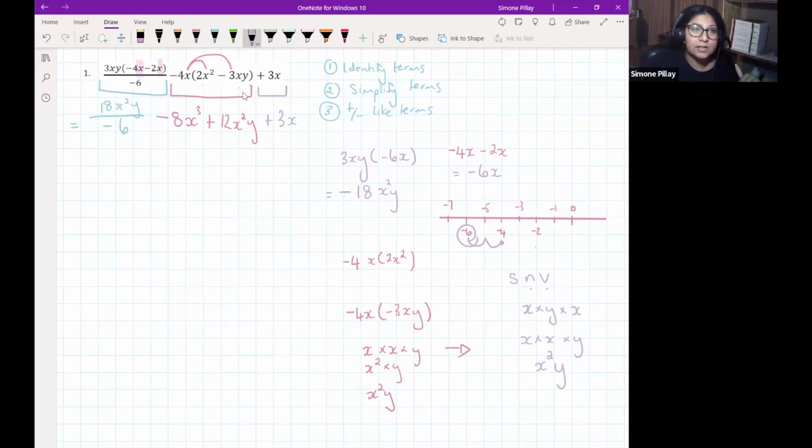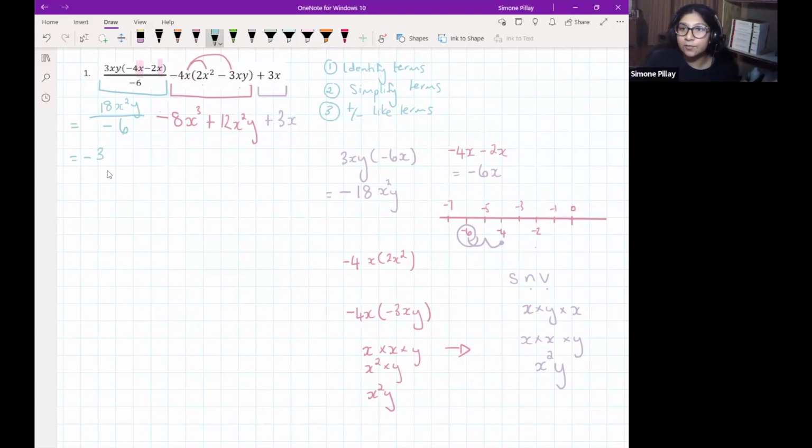Let me do this final simplification of my fraction. So we had 18x squared y divided by negative 6. Okay. Let's do signs first. It's a positive divided by a negative, which is going to give me a negative answer. It is 18 divided by 6, which is going to give me 3.